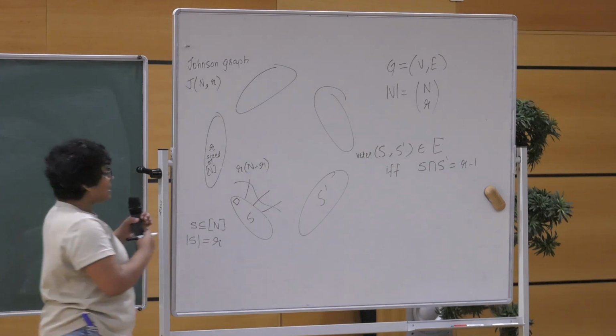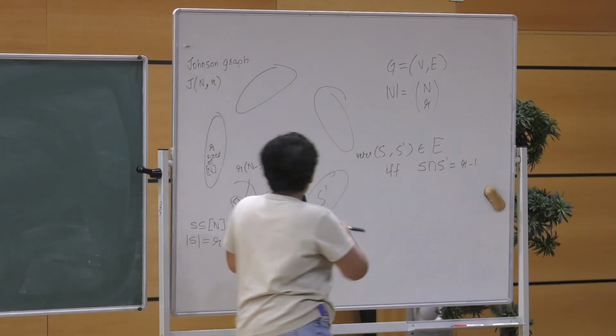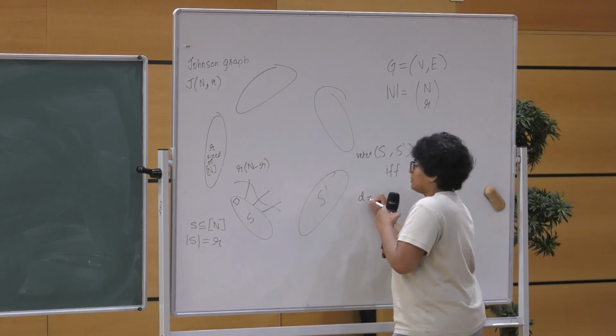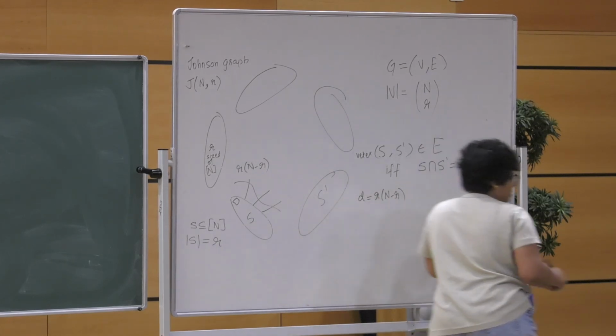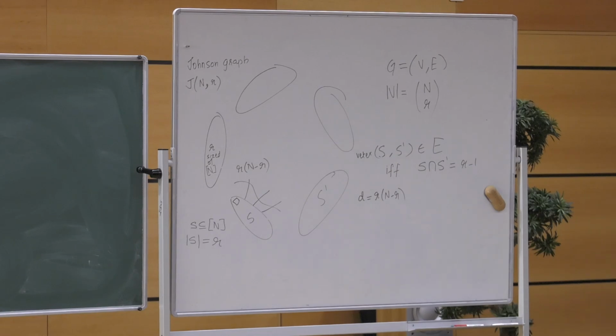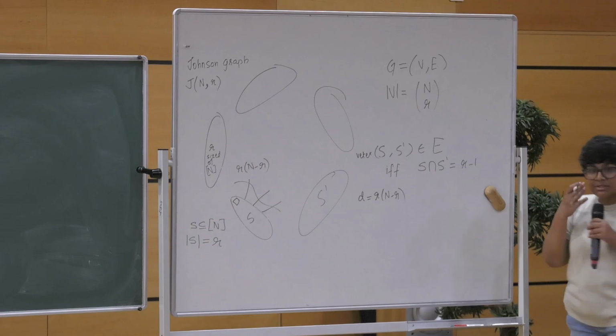So my D regularity here, my D is basically this R times N minus R. Let me just confirm, because the spectral gap is going to be in the picture. Yeah, it is R times N minus R.